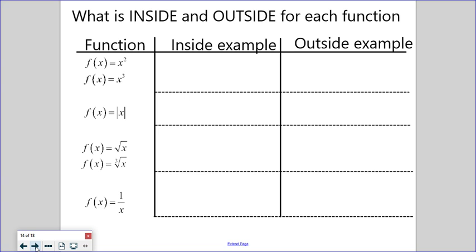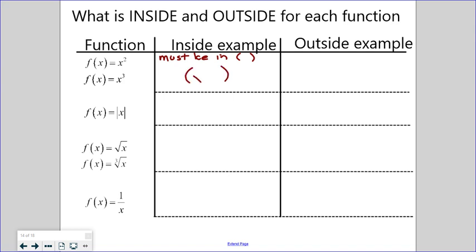When you are looking at exponents, and notice I grouped those two together because it doesn't matter if it's squared or cubed, to be inside of your exponent, you have to have parentheses. For a number to be considered inside of an exponent, it must be in parentheses.